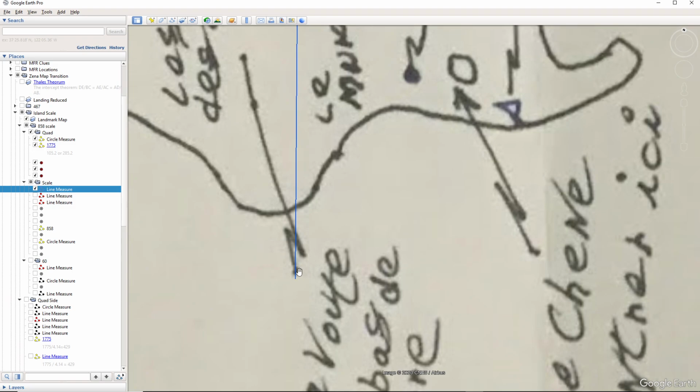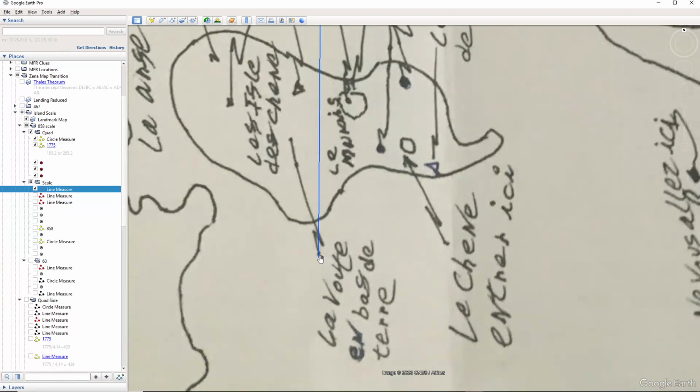It doesn't touch anything until it comes down to this little lightning bolt and the dot right here. So by logic, we assume that this is where the intercept point is going to be.